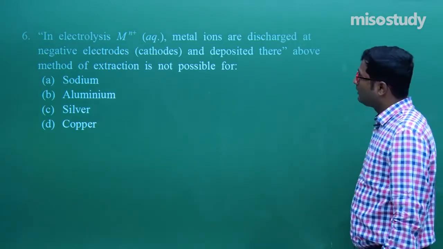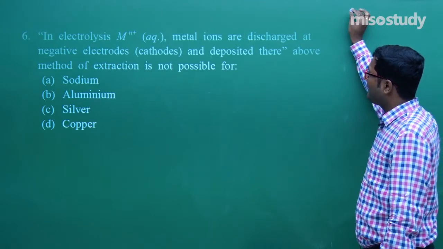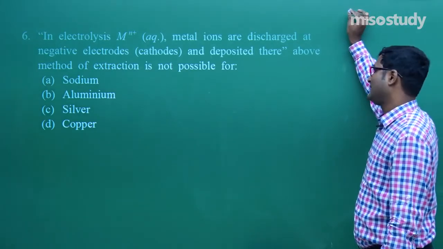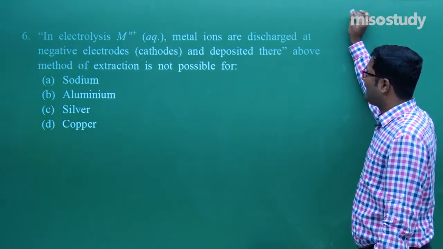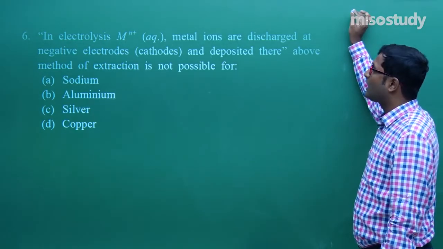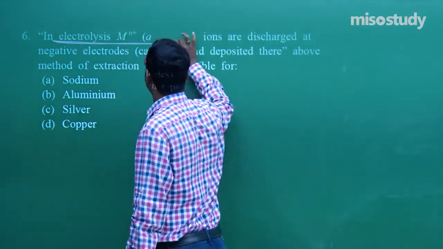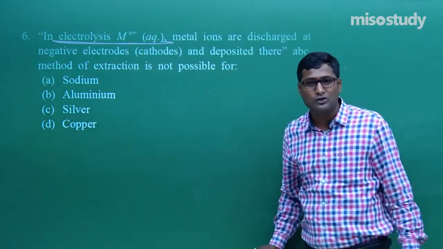Now, in electrolysis of M^n+, metal ions are discharged at the negative electrode and deposited there. The above method of extraction is not possible. Look here, I am talking about M^n+ aqueous, that is the salt solution.